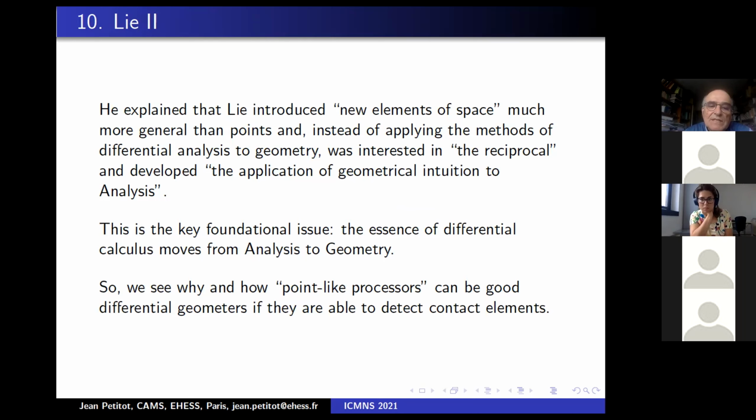And this is the key foundational issue, exactly as in Galois for algebraic equations. The essence of differential calculus shifts from analysis to geometry. And so we can see now why and how point-like processors can be good differential geometers if they are able to detect contact elements.